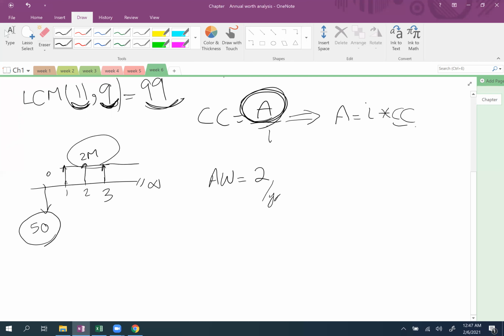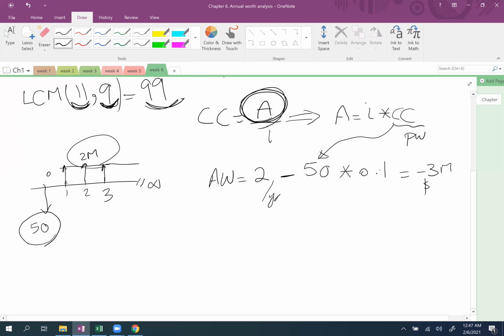And capitalized cost is really your present worth. So if I want to convert this $50 million to annual worth, because it's in the negative direction, it will be negative 50, multiplied by I, and let's say I is equal to 10%. In this way, I have calculated the annual worth of this project, which is, for example, negative $3 million.